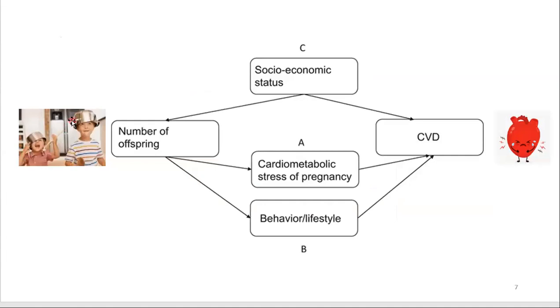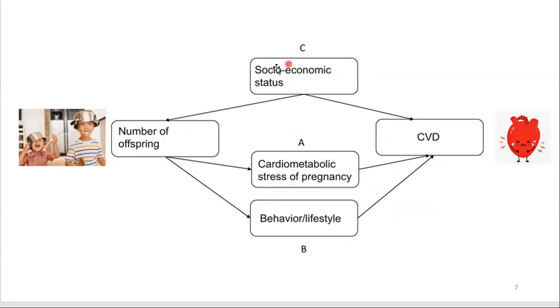Well, is it as simple as that, or is it more complicated like this? So in this case, you see that the path from the number of offspring to the CVD is more complicated, so it may not be a direct causal link there.